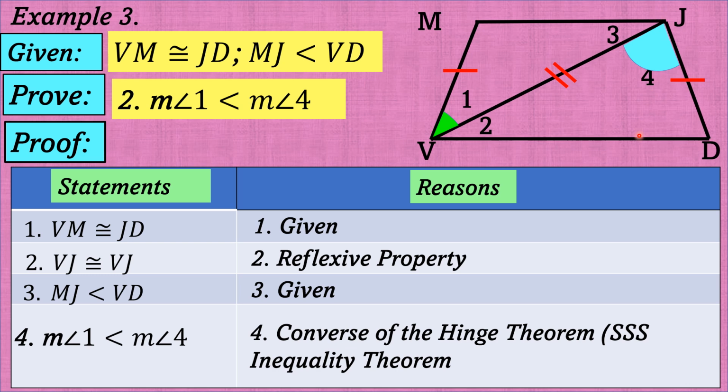Therefore, mas malaki itong kanyang angle. Ito naman ay mas maliit. Kaya, the statement number 4 that states that the measure of angle 1 is less than the measure of angle 4 can be proven by the SSS inequality theorem or the converse of the Hinge theorem.